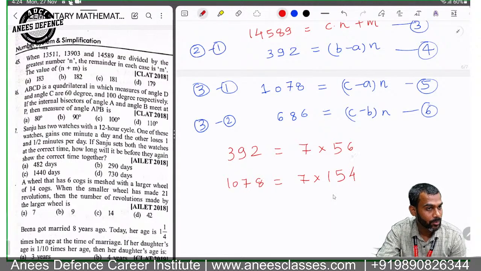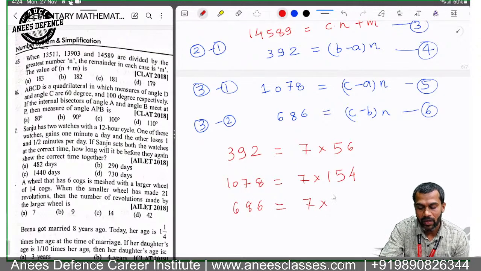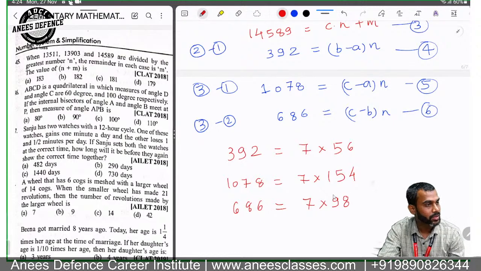And what is 15 minus 8? 7. 56 is multiple of 7. Again, one more time we are getting 7. Yes or no? So next, 686. 686 can be written as 7 into 98, 7 nines are 63 and 7 eights are 56.